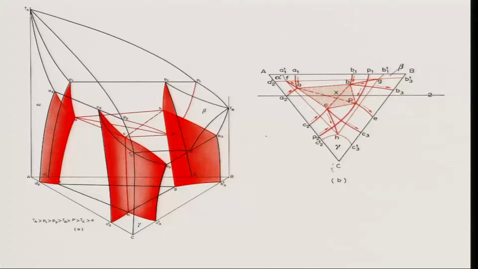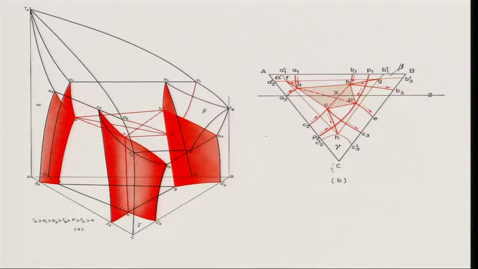Suppose I have a ternary space model which will show the type 3 reaction in which 2 binaries form peritectic, 1 binary forms eutectic.